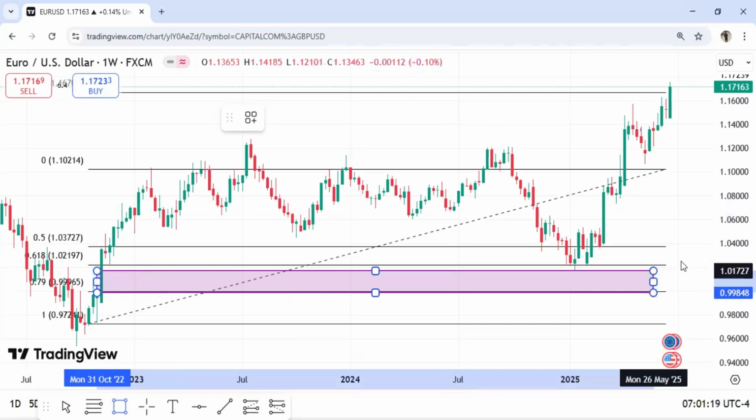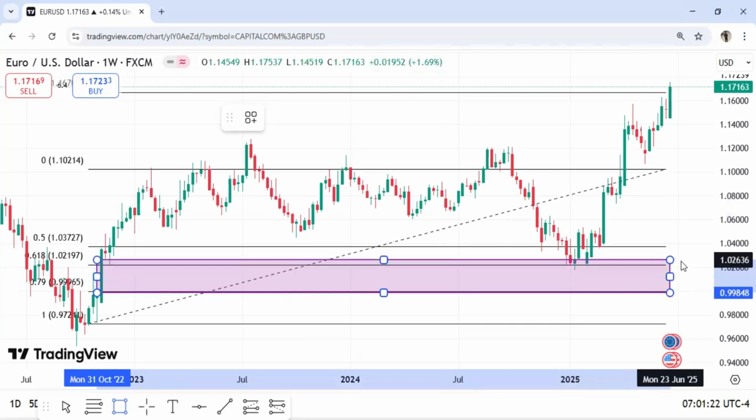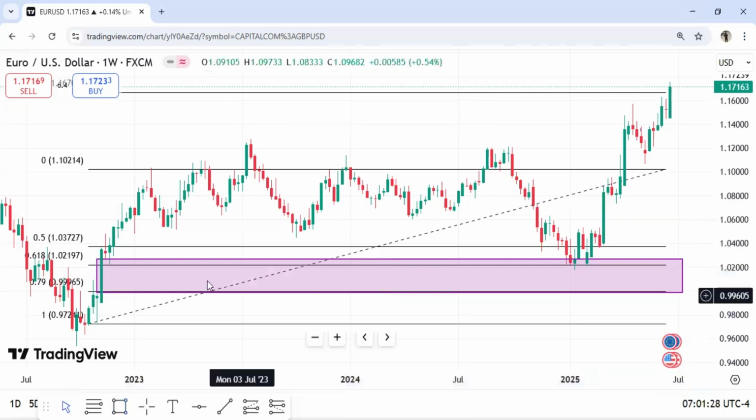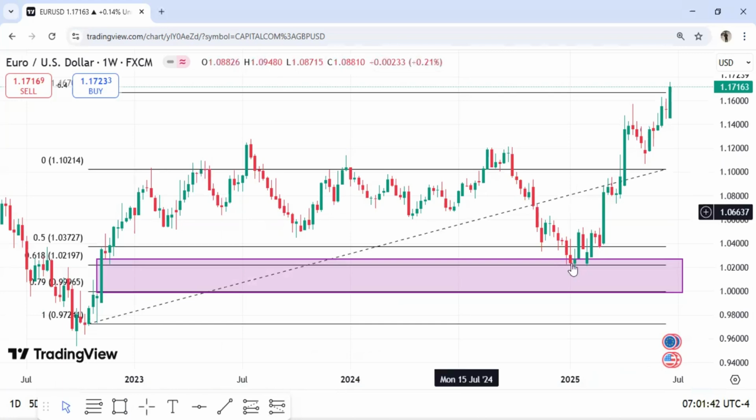Just right there. So tap down, here it is. So now we can see that there was a break, and there was a retest, a retracement.